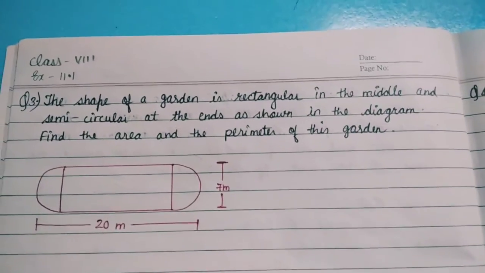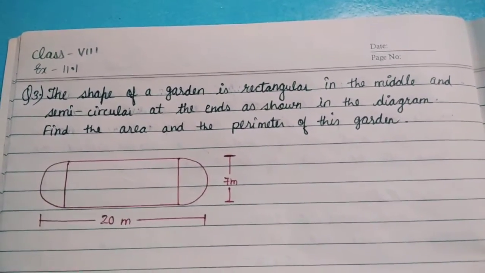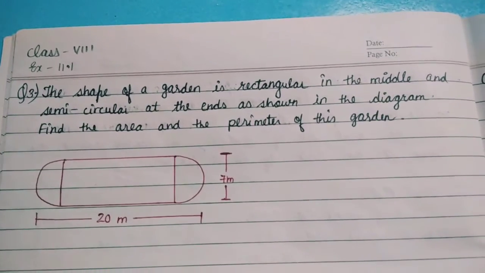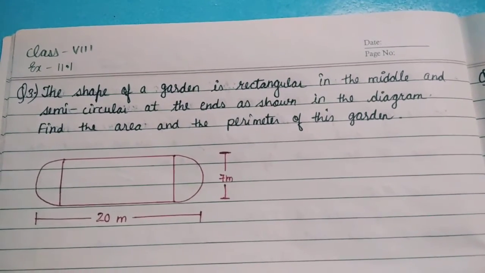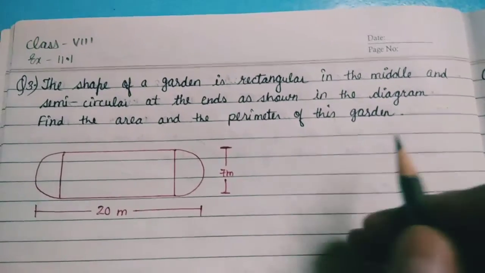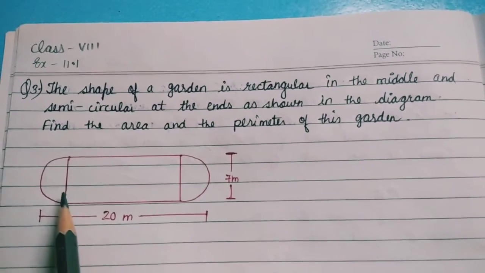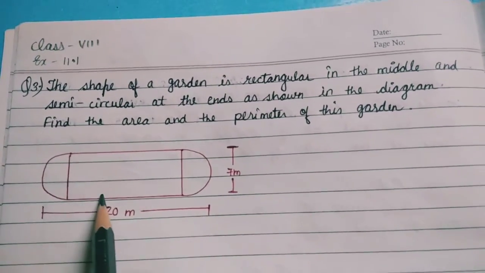In this video we will see question number 3, 4 and 5 solution of exercise 11.1 of class 8th. Question number 3: the shape of a garden is rectangular in the middle. So here we have the shape of the garden.